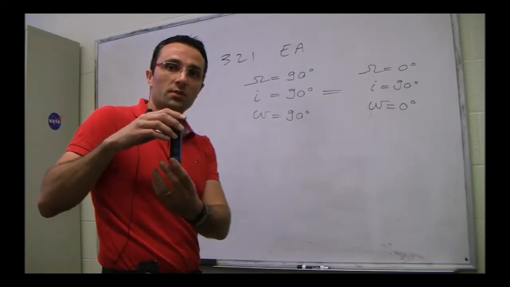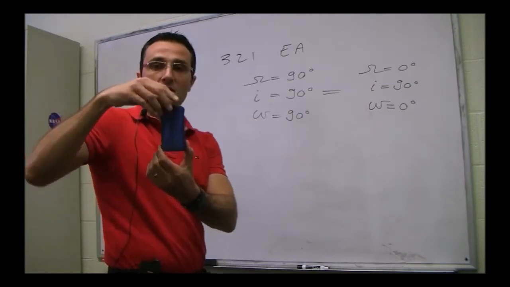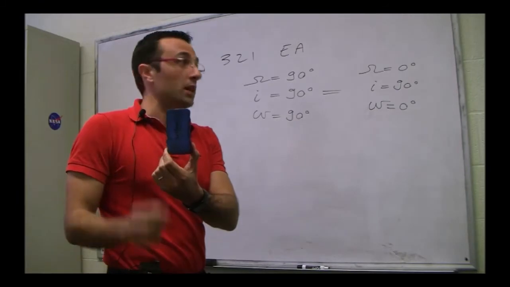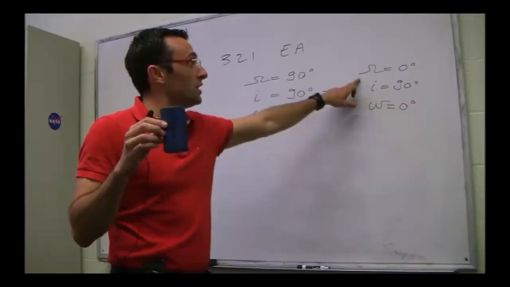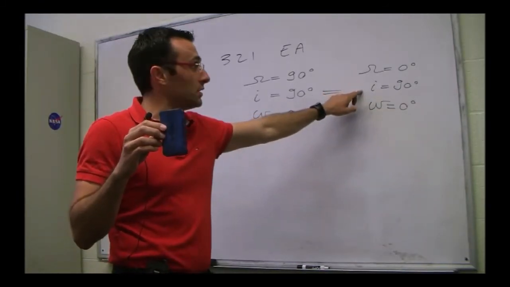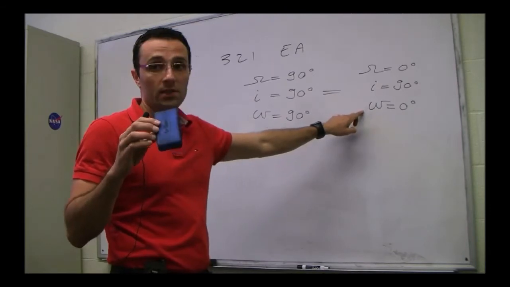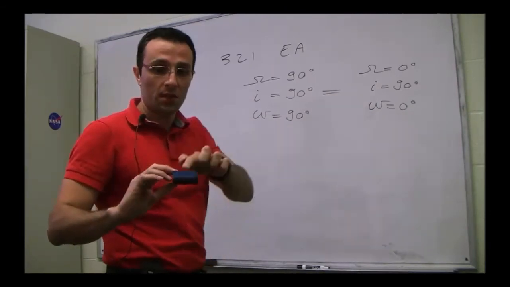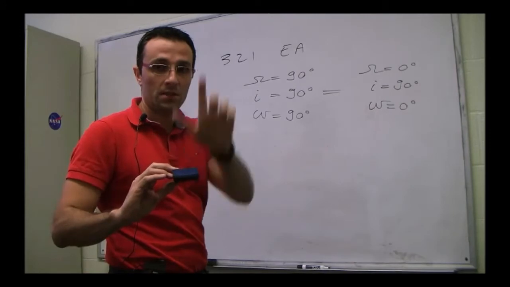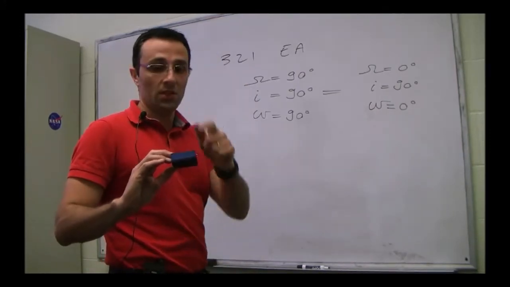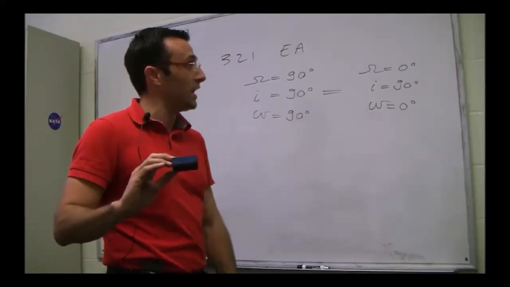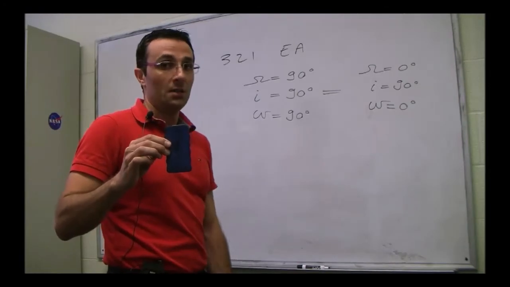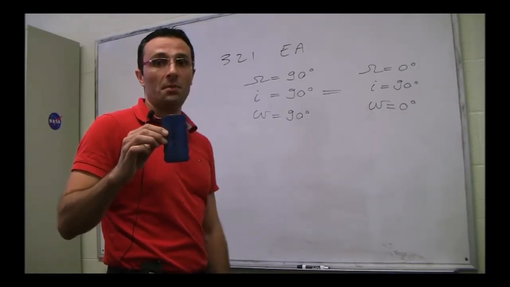Since it's pointing down, the 90-degree rotation of the last one brings me to this configuration, which I'm claiming is the same as not rotating about the first axis, doing 90 degrees on the second, and not rotating about the last one. That's true because I restart from this configuration, x at you, y is this way, z is up. If I only do 0 about the vertical axis, 90 about the second one, and nothing about the new x-axis, here I am again.